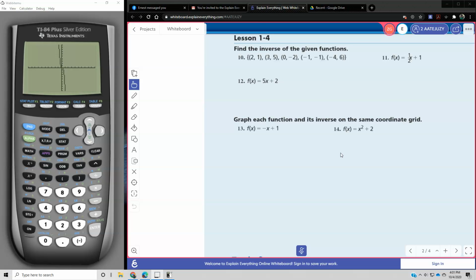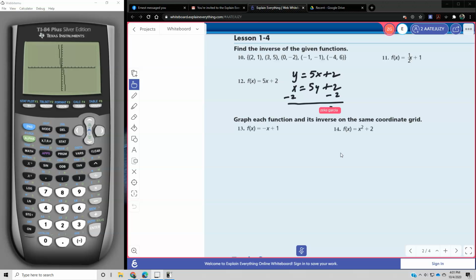Number 12, we have y equals 5x plus 2. Switch the x and the y. So x equals 5y plus 2. Solve for y. Subtract 2 from both sides.